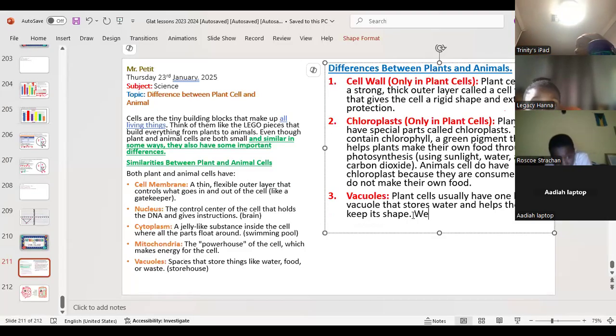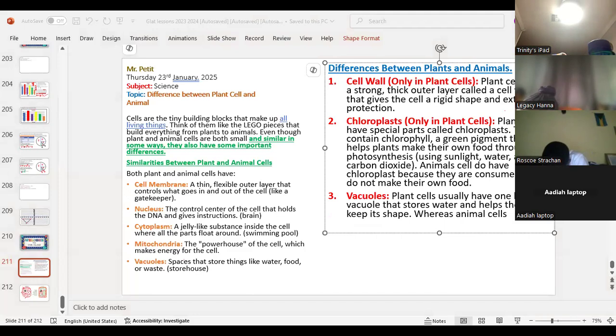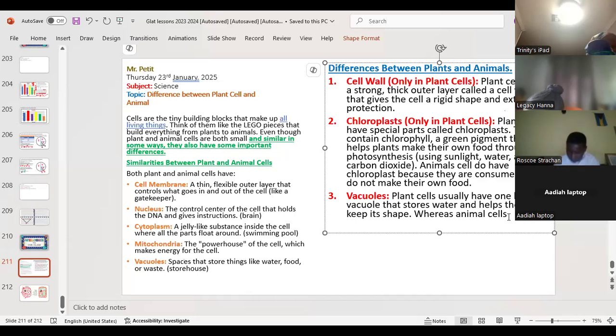Whereas animal cells don't have one large vacuole; they have many small vacuoles, right? Excuse me, Mr. Betty, you need to fix it so they're together. Yeah, they should be together. Whereas animal cells have many small vacuoles.